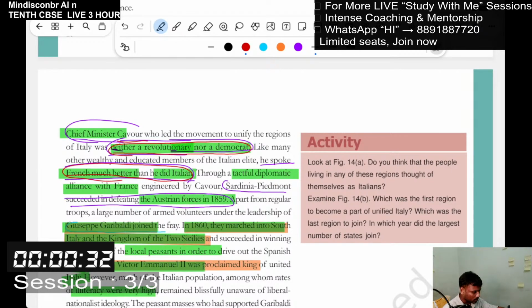Though through a tactful diplomatic alliance with France engineered by Cavour, Sardinia-Piedmont succeeded in defeating the Austrian forces in 1859. That means he made a diplomatic alliance with France, but through that alliance, Sardinia-Piedmont defeated Austrian forces in 1859. That means a war also occurred. So this question is a little doubtful.